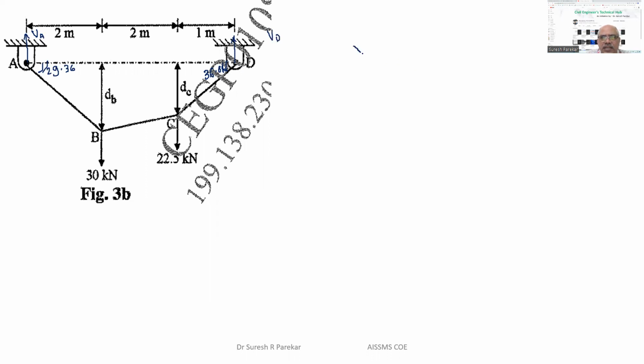Always the horizontal reaction at the left support is towards the left, because we have tension in the cable and the tension arrow is away from the joint, so the X component is towards the right. At the right support, we have reaction upward, VD, and as we have tension in the cable, the component of this tension is towards the left.